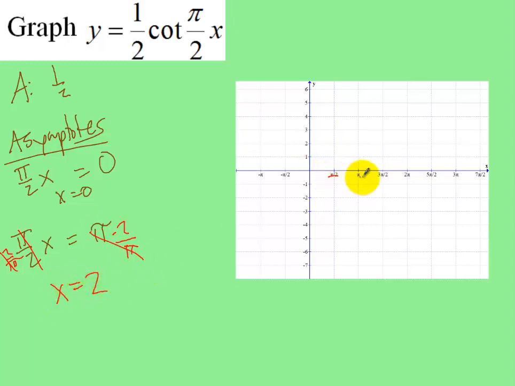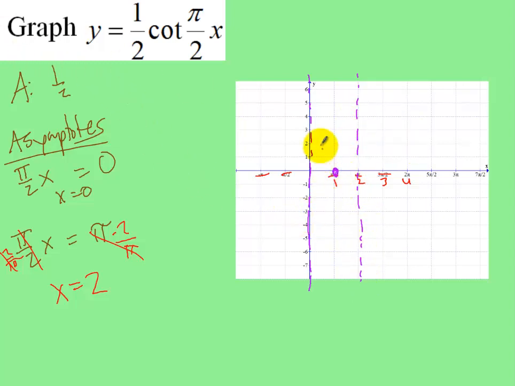So if I were actually drawing this graph, I'm going to change these x-axis labels. Let's say that's 1, 2, 3, 4, and so on. You're going to have the first asymptote x equals 0, so right here. And then x equals 2, right here. Your middle point, halfway, is going to be right there.